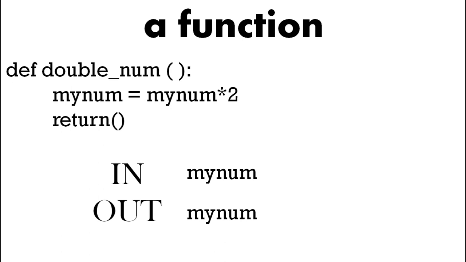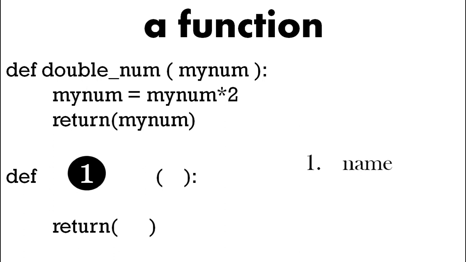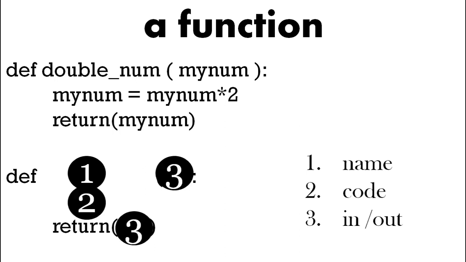So that's our function called double number that returns the double of a number sent to it. So can you see how we've built that from our original template? Number 1, we put our name in. Number 2, we put the code in. Number 3, we put the input and the output, what was passed and what was returned.